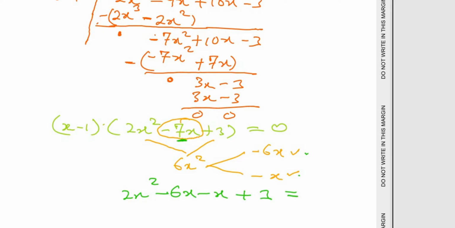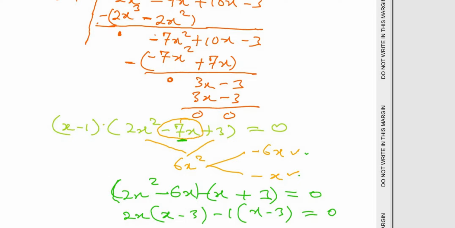Now remember, it's equal to 0. So let's pair it, then factorize the function. 2x is common here, into x minus 3, minus 1 into x minus 3 is equal to 0.